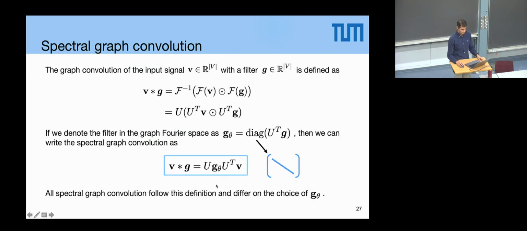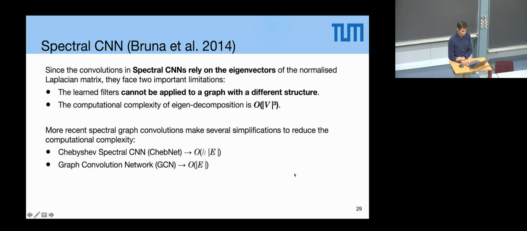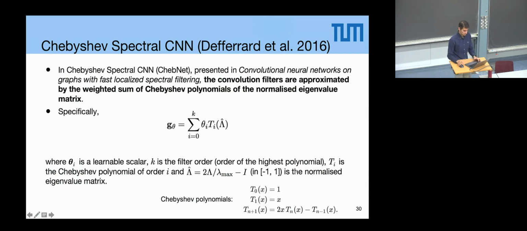Before, we arrived at this expression for the filter in the graph Fourier space, and it was a diagonal matrix with a number of elements equal to the number of nodes.